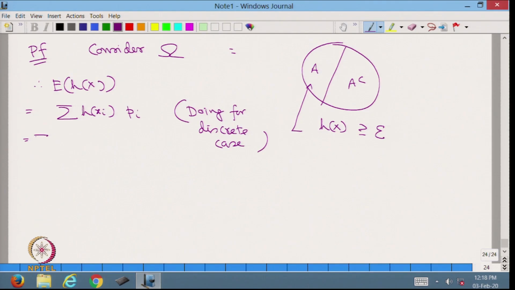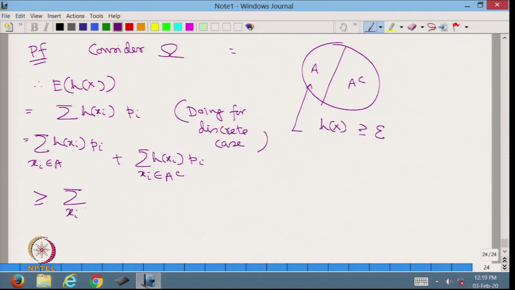This is equal to sigma over xi belonging to A of h(xi) pi plus sigma over xi belonging to A complement of h(xi) pi, which is greater than or equal to sigma over xi belonging to A of h(xi) pi.